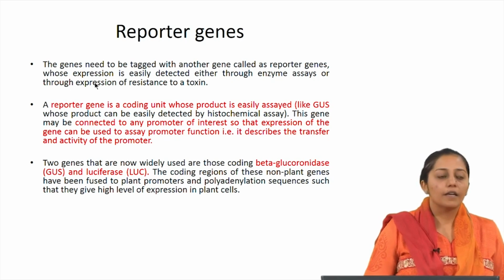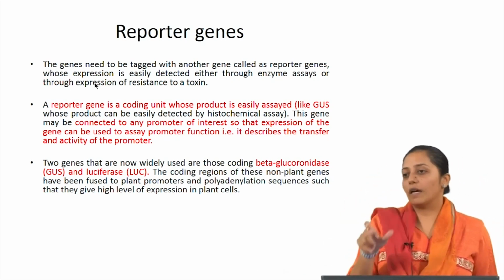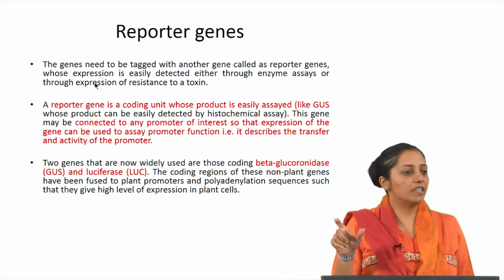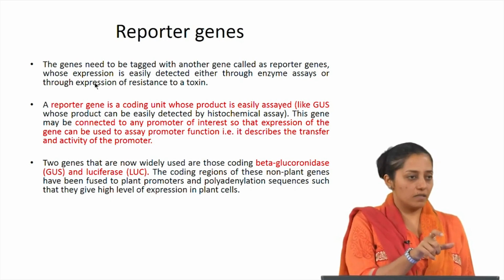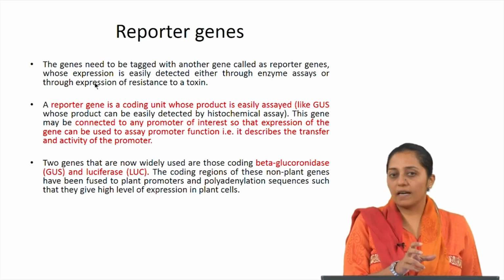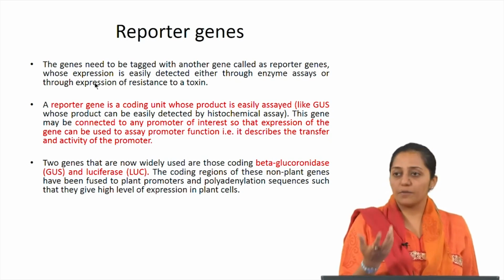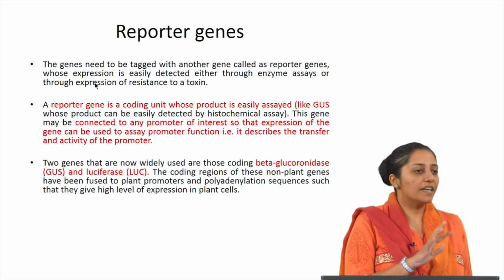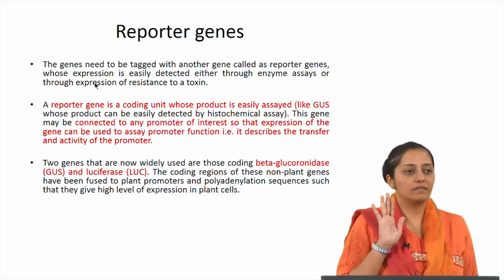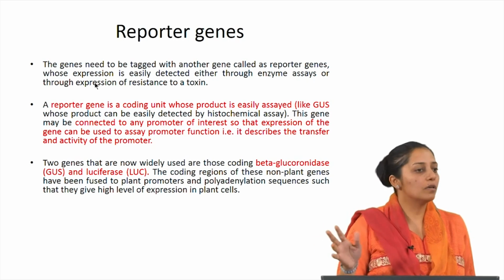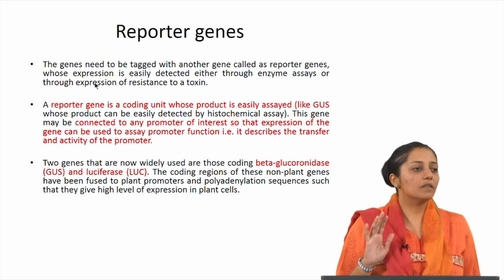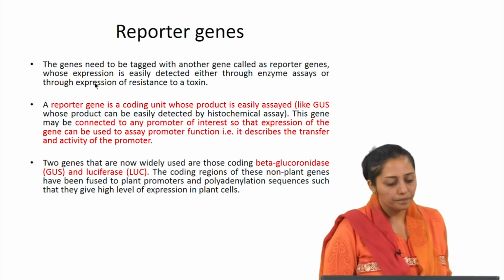If you use the same promoter which you used for your desired transgene integration for this GUS or luciferase activity, and if that gets expressed, then there is a high chance that the promoter is intact and is able to show good activity in this particular plant species.